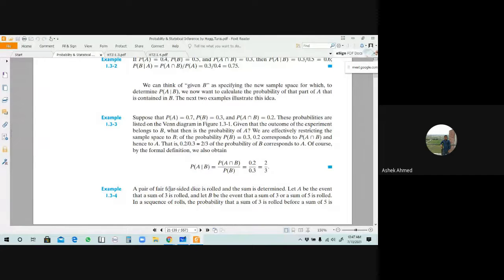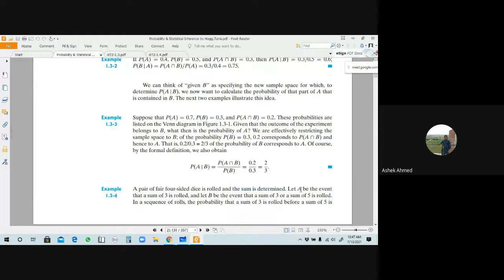We know that a dice has how many sides? Six-sided, but this dice contains four sides. Okay, and when you roll it, then the sum is determined. Then we will determine the sum of each component.